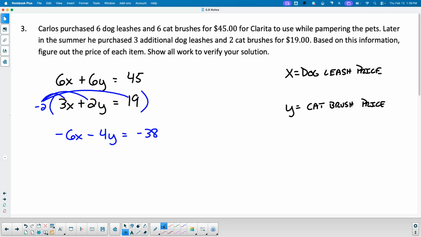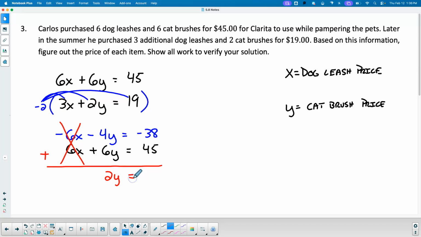Top equation again was 6x plus 6y equals 45. When I add them together, my x's are eliminated. I have 2y equaling 7. Divide both by 2. Gives me y equals $3.50. So a cat brush is going to cost $3.50.